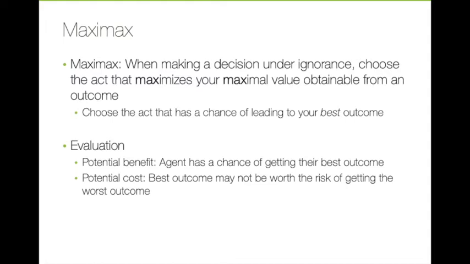Now, like each of the rules we'll look at going forward, there are upsides of being guided by maximax as well as downsides. So the benefit of this rule is you get a chance of getting your best outcome. The potential cost, though, is that your best outcome may not be worth the risk of getting your worst outcome.